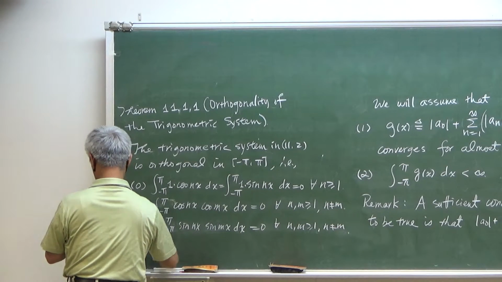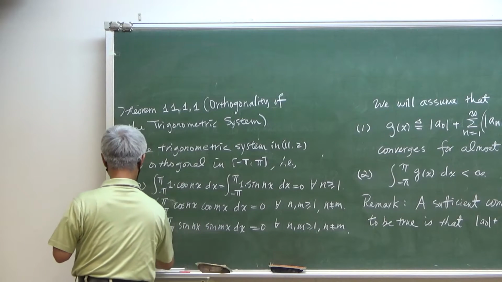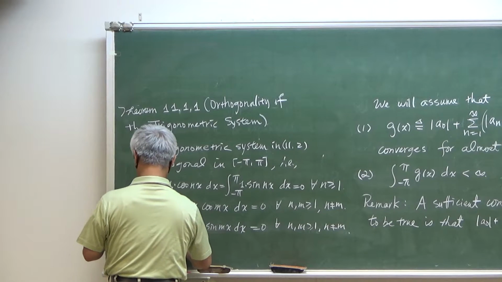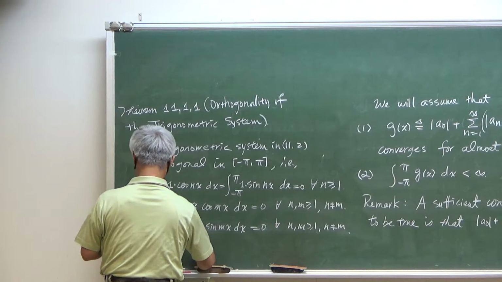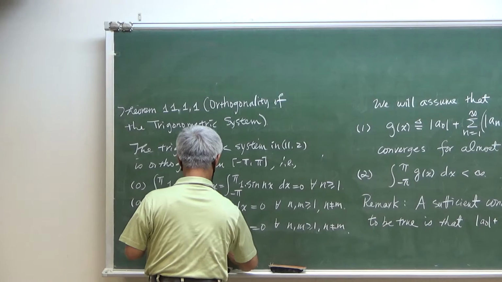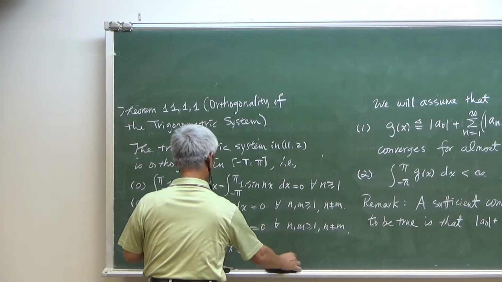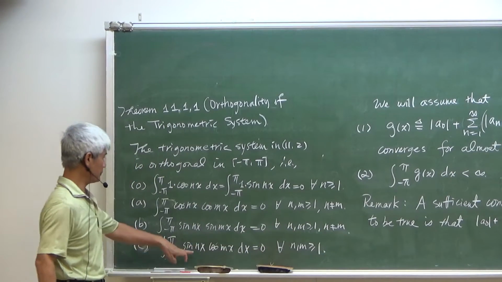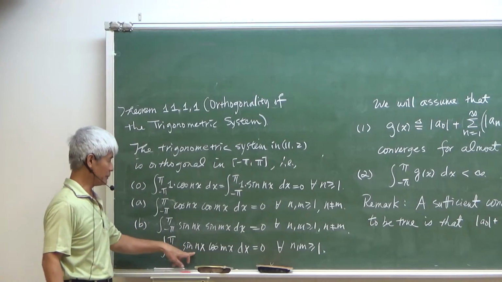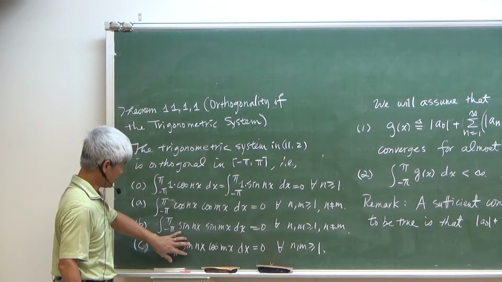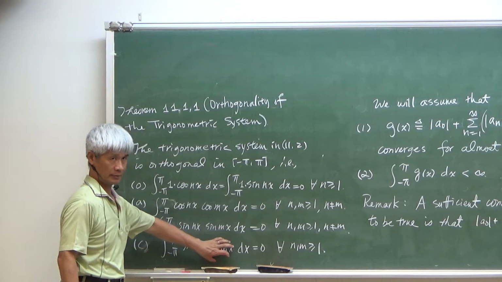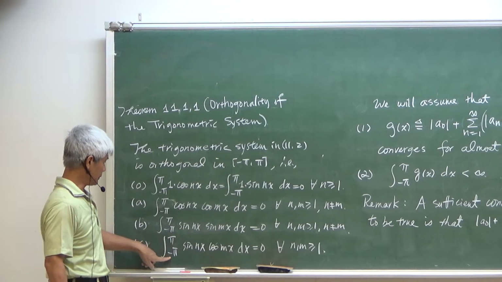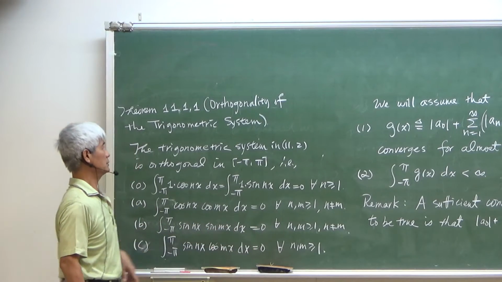And sine nx times cosine mx dx equals 0 for all n greater than or equal to 1. So m can be equal to n. But sine nx times cosine mx, and then you take the integral over one period from minus pi to pi, you get 0.